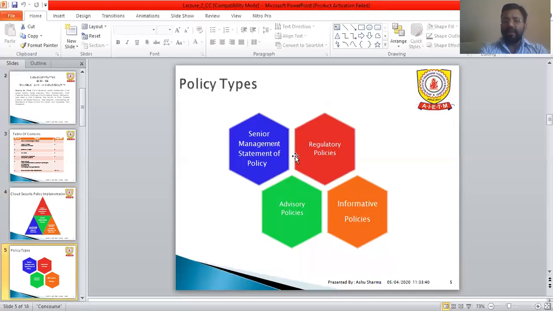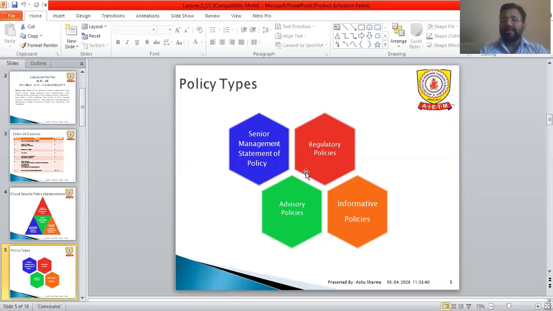Now next, we have the policy types: senior management statement of policies, regulatory policies, advisory policies, and informative policies. The senior management statement of policies is based on the CIA model: confidentiality, integrity, and availability.